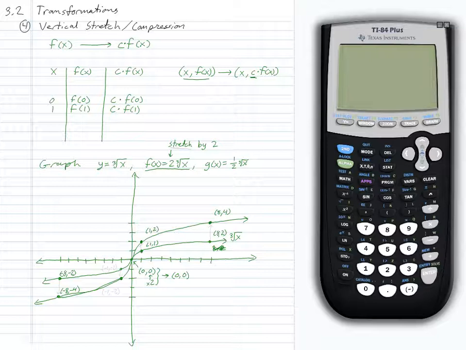And (-1, -1) is stretched to a height of negative 2. I like to think of this as a factor or as a scalar rather than a stretch. It kind of confuses some folks to say stretch, especially when we might be stretching in the negative direction.